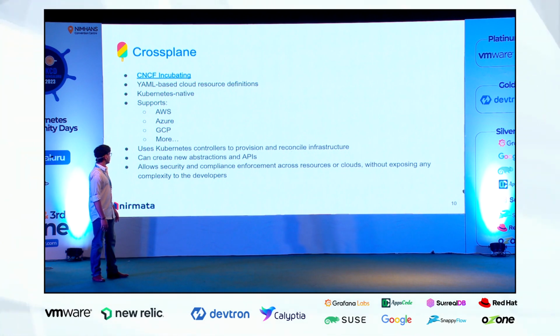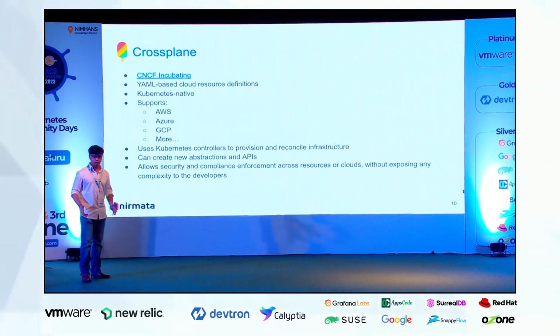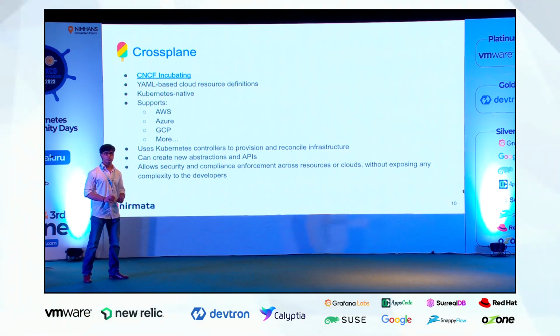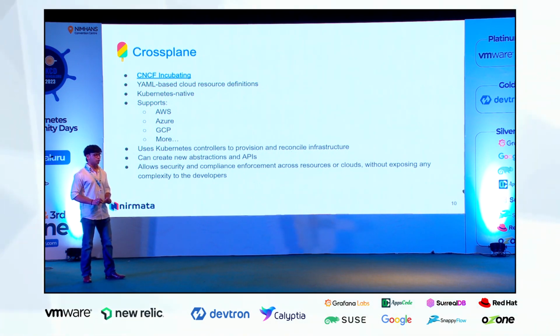So how does Crossplane work? Kubernetes has this construct of controllers. When you define a resource, there's reconciliation based on that resource, or any routines that you run based on those resources.